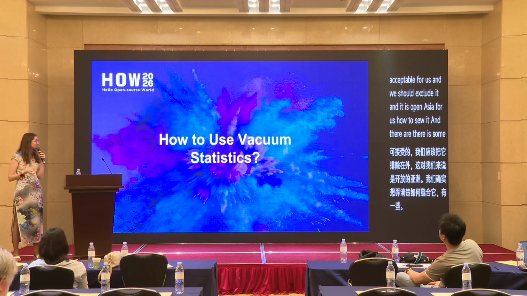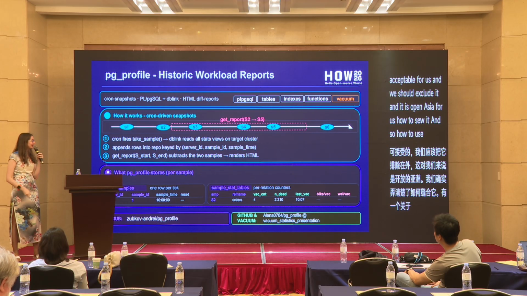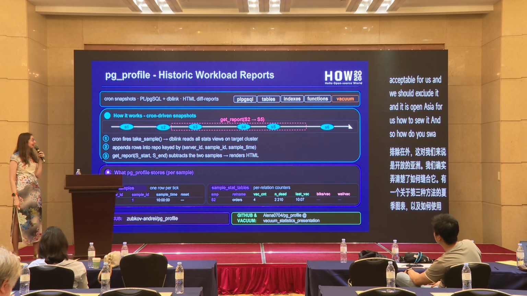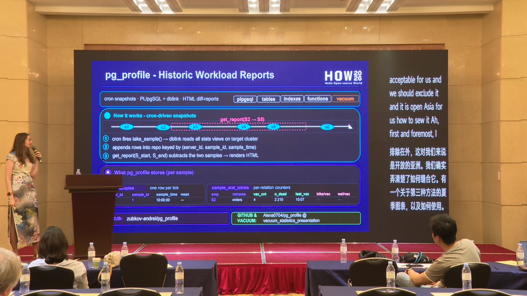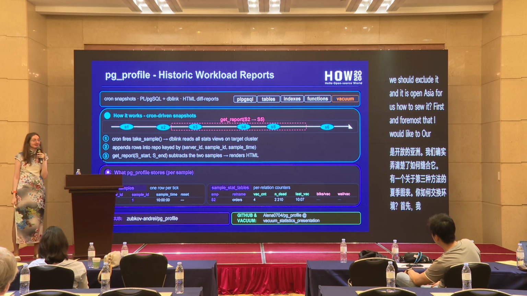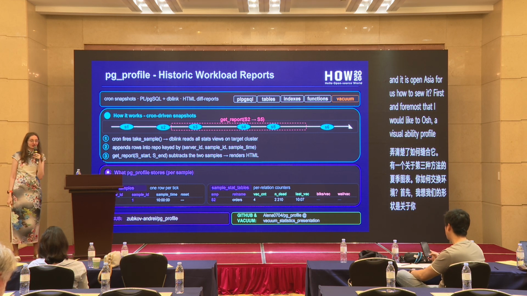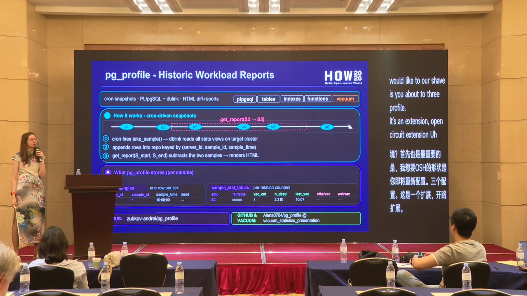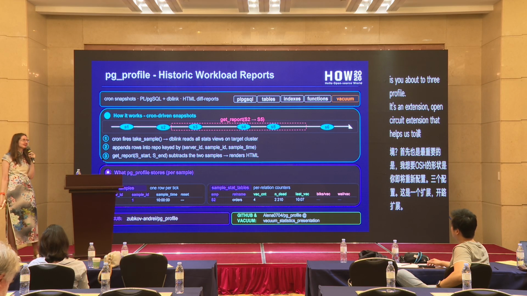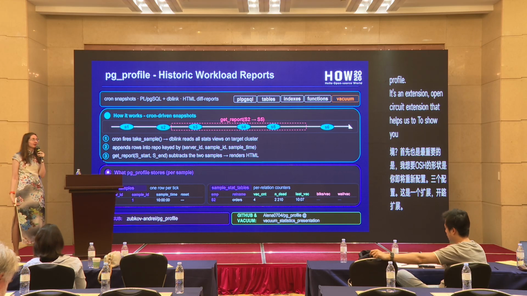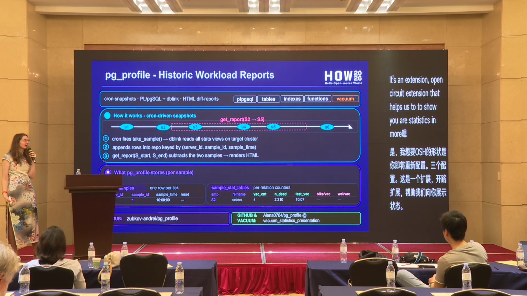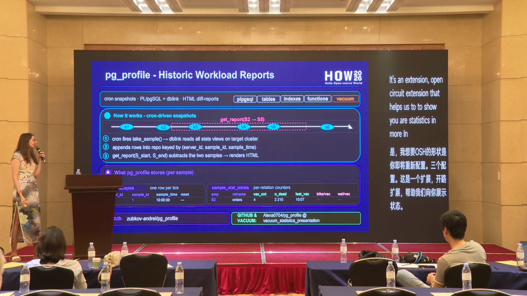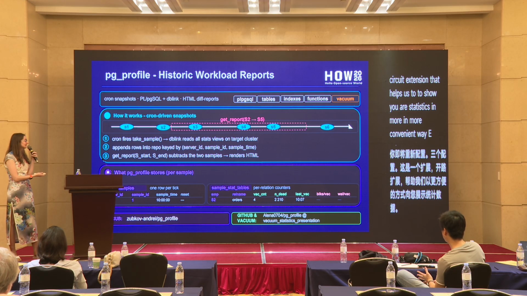And there is a summary diagram about the three approaches. So, how to use vacuum statistics? First and foremost, I would like to share with you about pg_profile. It's an open source extension that helps us show statistics in a more convenient way. It takes snapshots.